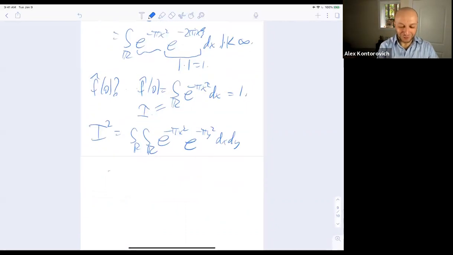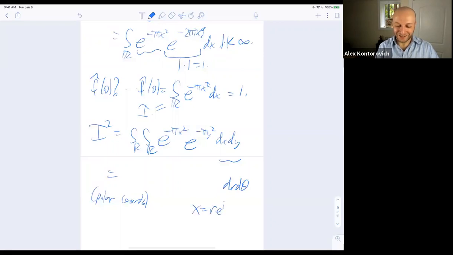We're going to convert to polar coordinates. So in polar coordinates, dx dy turns into dr d theta times the Jacobian. What's the Jacobian? I'm writing z as r e to the i theta, x is r cosine theta, and y is r sine theta.